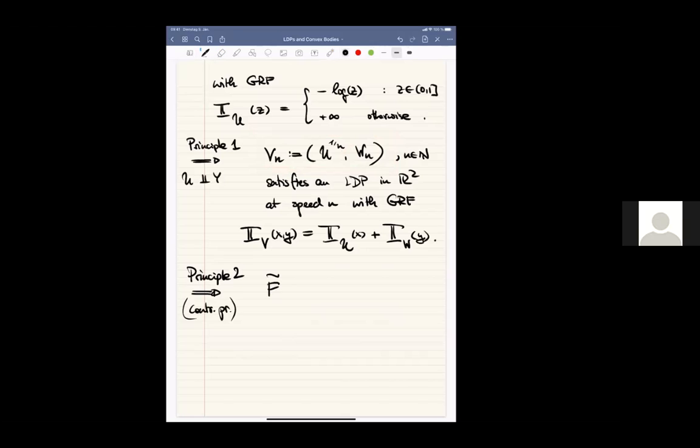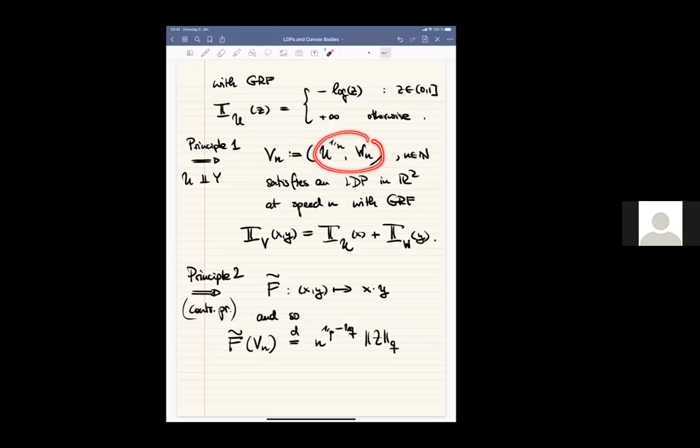We use the function mapping x, y onto x times y, and so we get that f tilde of Vn, which is equal in distribution to the quantity we're interested in. This is where we started, and I just rewrote it as the product u to the 1 over n times Wn.